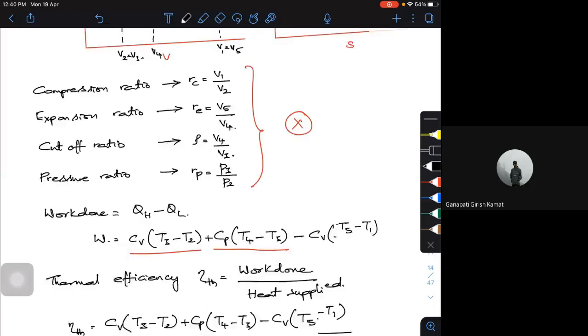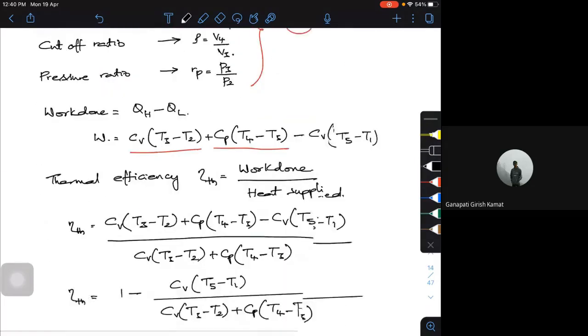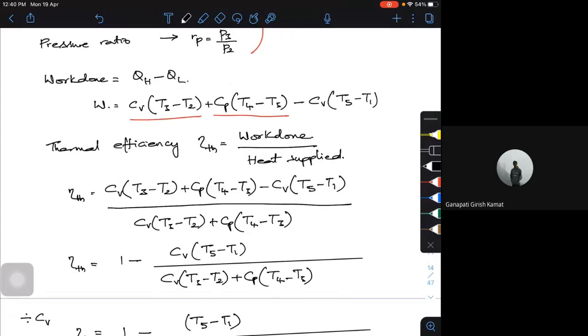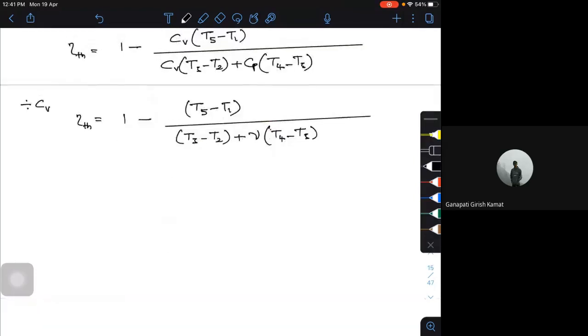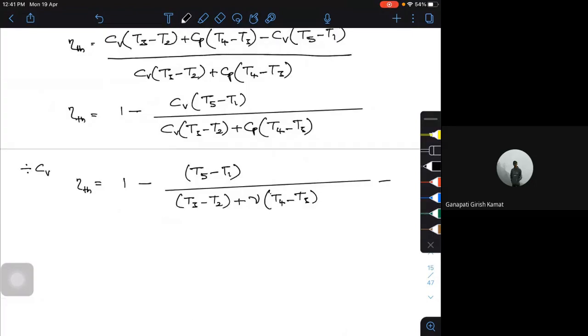So this is the expression I am trying to get. Let me call this equation number 1, and this equation number 2. So this is the expression for thermal efficiency in terms of temperatures for a dual combustion cycle.